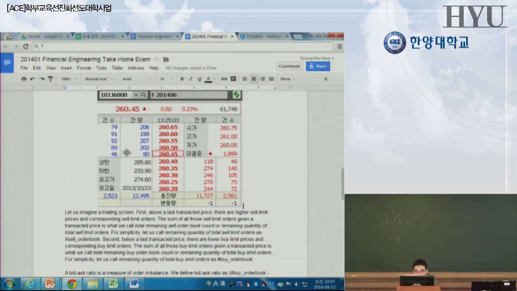The sum of all these sell limit orders given a transacted price is what we could call the total remaining sell order book count, or remaining quantity of total sell limit orders.